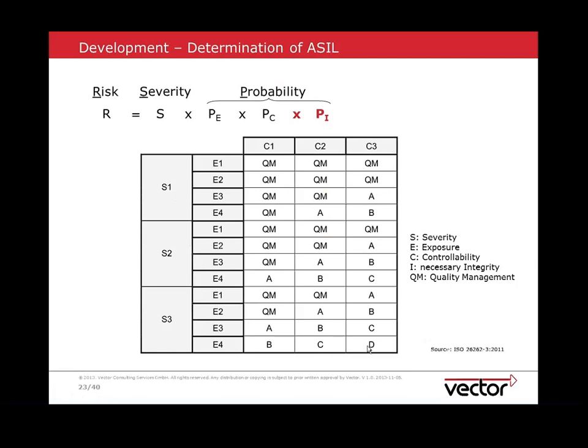And then what we see, and that's the interesting part, is that in the lower section, if the exposure is rather low and the controllability is rather high, quality management methods will suffice. However, if we run into low controllability, high exposure, at a high severity, we need ASIL CD. ASIL CD is clearly the bulk of what the standard really talks about in terms of safety requirements.